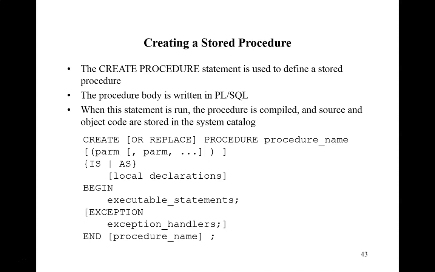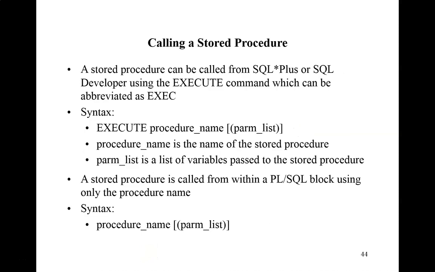And finally, the last part, which is a nice thing to do, but not required, is to include the procedure name. We'll place the procedure name after the create procedure keywords, and optionally, we can use that same procedure name after the word end. It gives a visual aid for delimiting the boundaries of the body of the procedure.